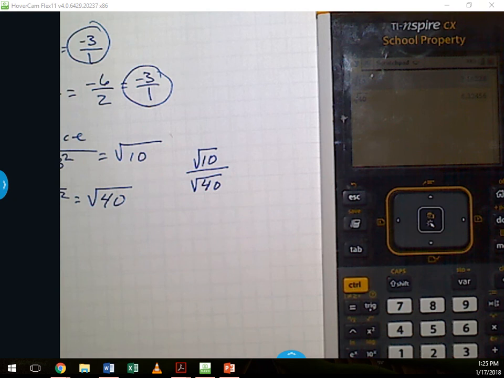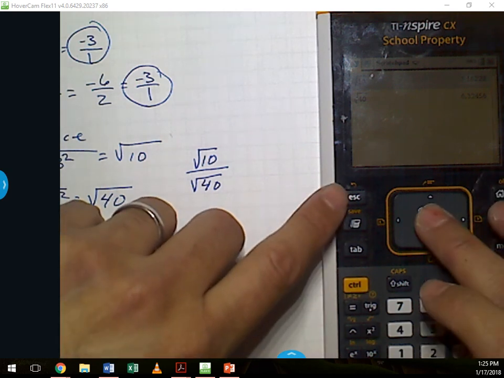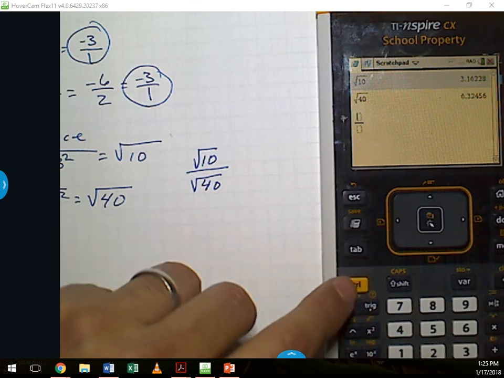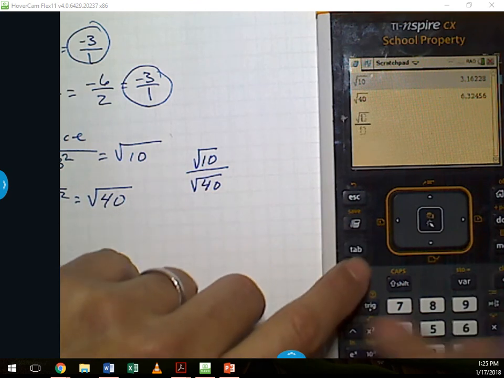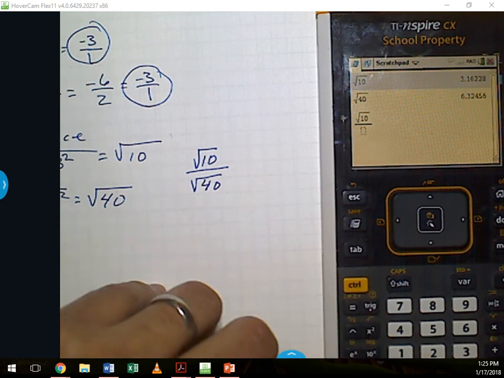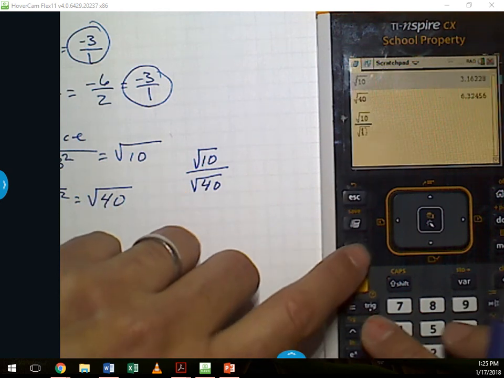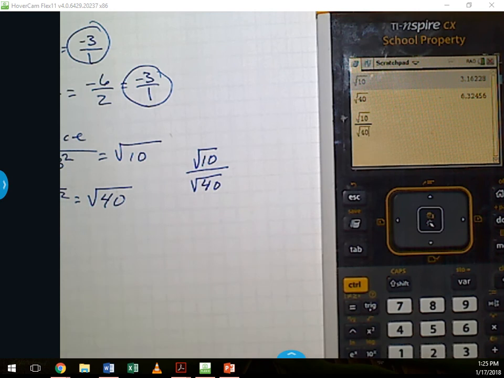Yes, calculator. So control divide, radical 10 over radical 40, like that. Let's see what we get.